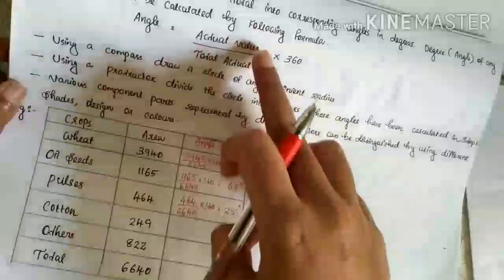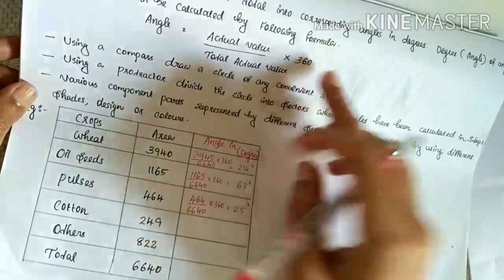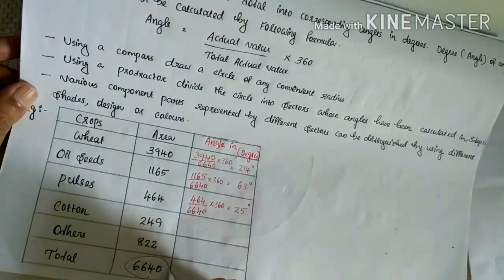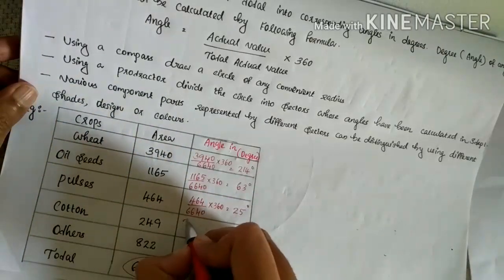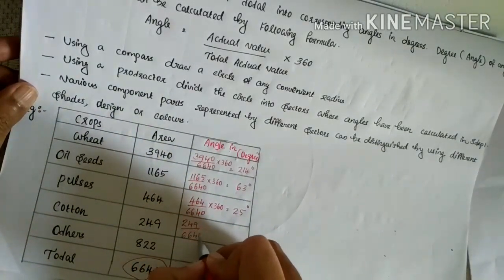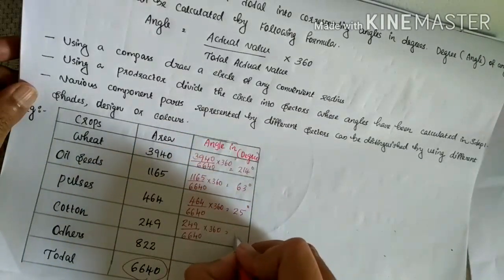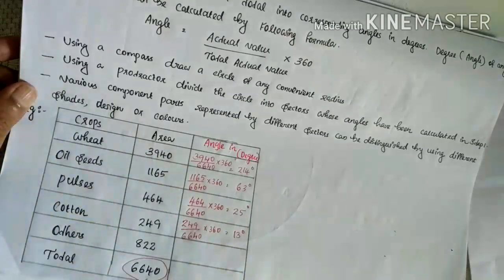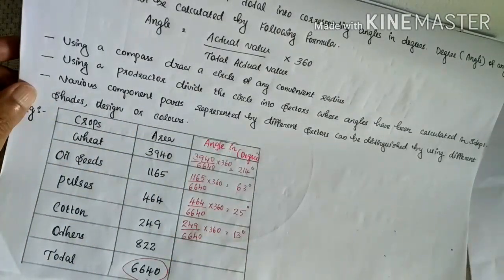So the actual value is divided by the total of the actual value into 360. Here the total of the actual value is 6640, and the same way 249 divided by 6640 into 360 is equal to 13 degree. The same way we have to calculate the angle value of all the items.